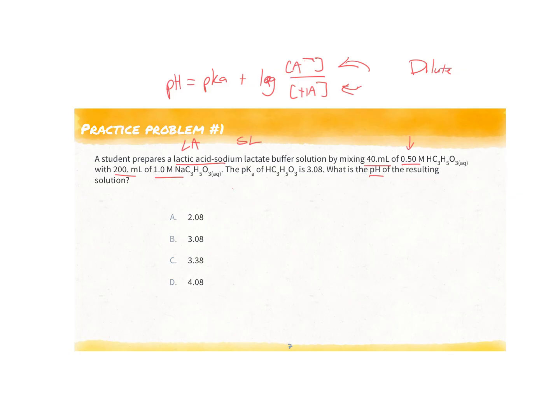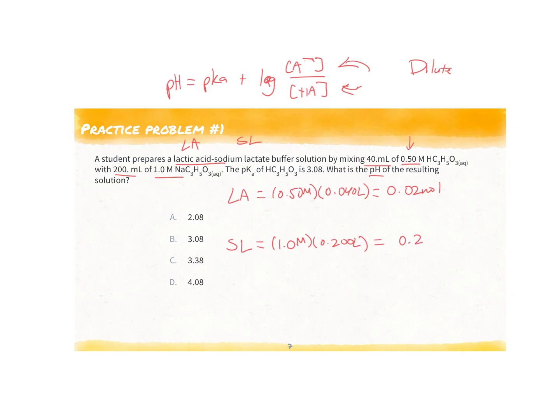And so first, let's figure out what my new concentrations are for lactic acid. It's 0.50 molar times 0.040 liters. That's 0.02 moles. And then for sodium lactate, I can do the same thing: 1.0 times 0.200. I'm just converting here from milliliters to liters.